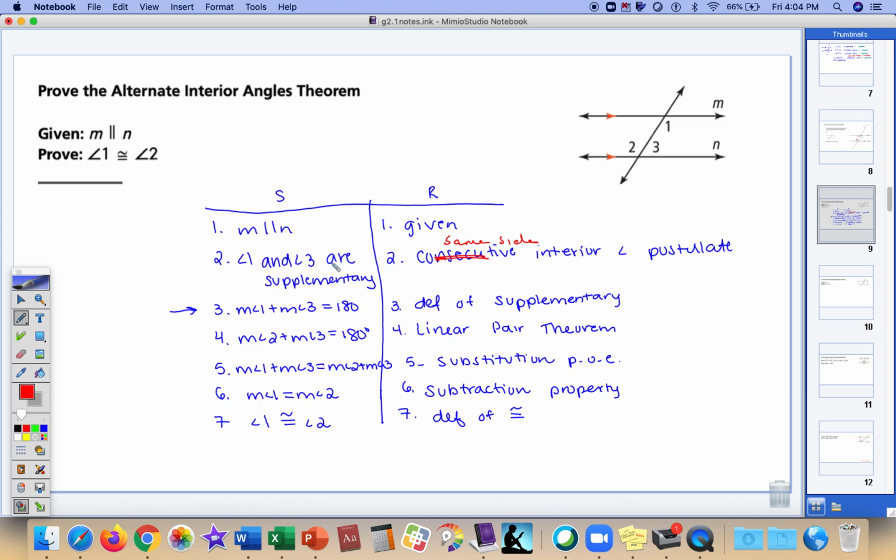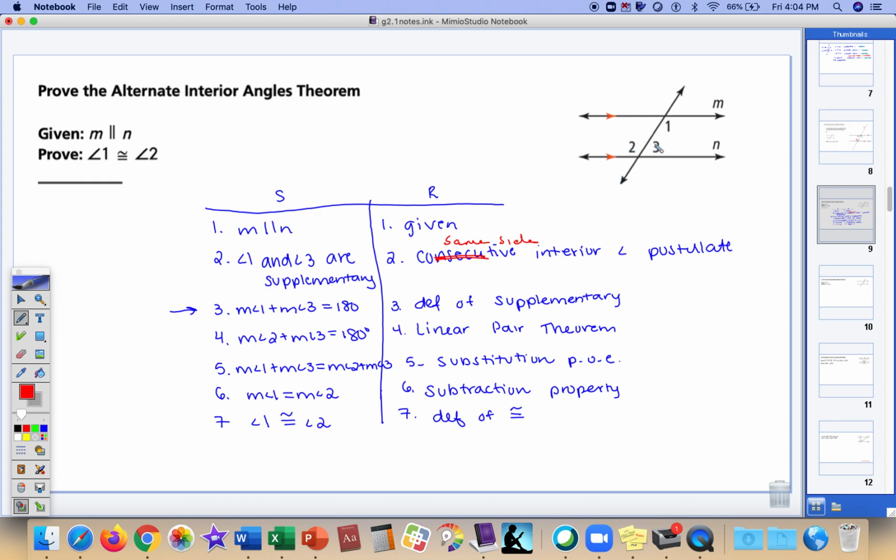All right, so if angle 1 and angle 3 are supplementary, then the measure of angle 1 plus the measure of angle 3 is equal to 180 degrees, and that's because of the definition of supplementary. Now, we also know that the measure of angle 2 plus the measure of angle 3 is equal to 180 degrees because of the linear pair theorem.